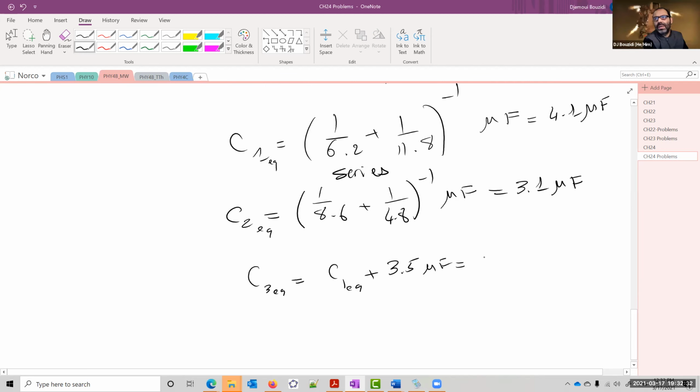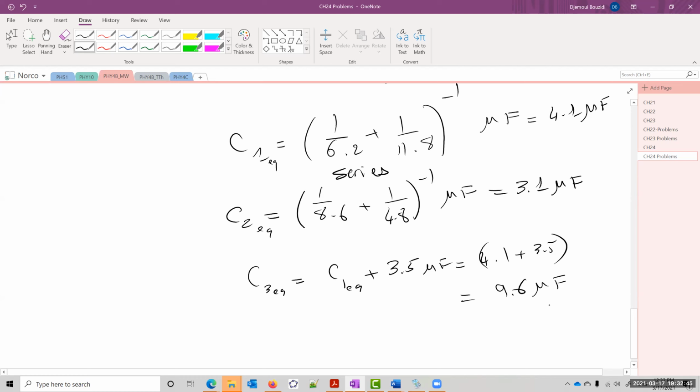So the answer is obviously 4.1 plus 3.5. And then I append my units at the end. I have 7.6 microfarads. 3.5 plus 4.1 is 7.6, not 9.